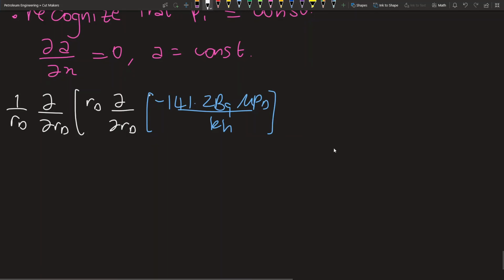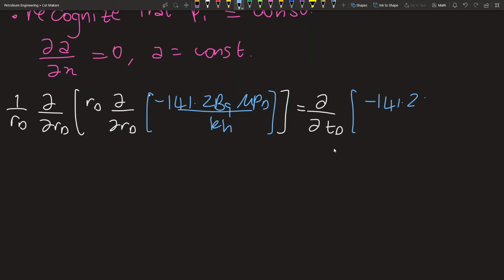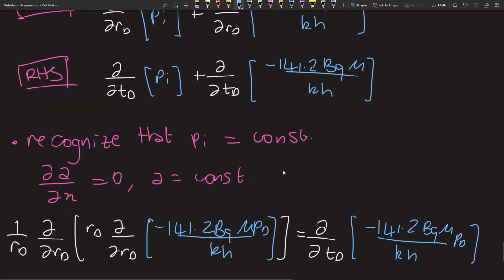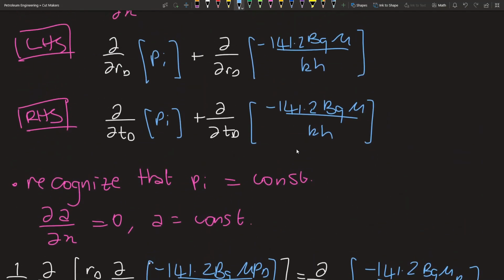And I get the nagging feeling that I forgot to write the P sub D in the equations prior to this one, so I'll check on that real quick after I finish writing this down. BQ mu over KH P sub D. I'm probably right. Yep, I am right. I always forget to write this P sub D over here.